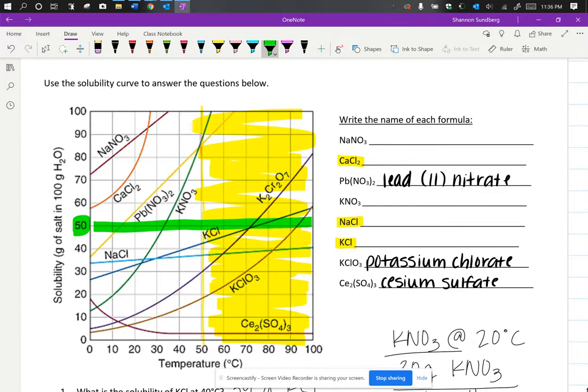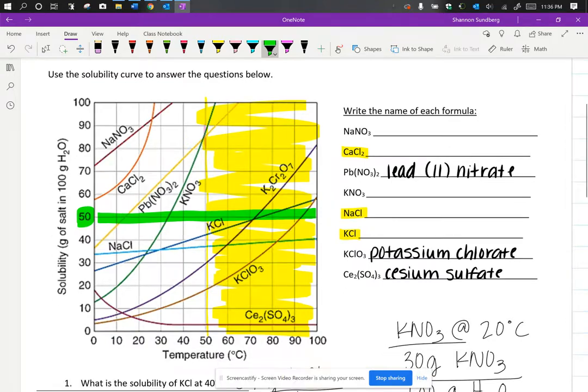So at above 50 degrees, so 50, 60, 70, 80, 90, all the way up to 100, and then 50 grams of solute, which would be saturated. Okay? So if you remember what we wrote, at the line and above means saturated. So only a few lines are in that zone, and only a few lines are going to be considered saturated.